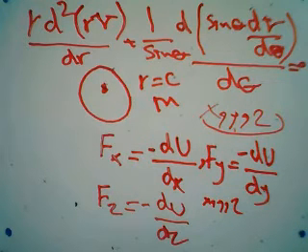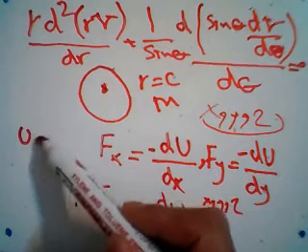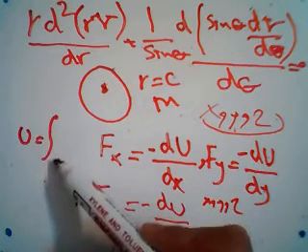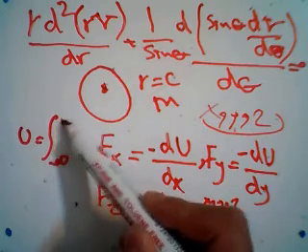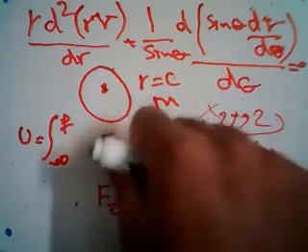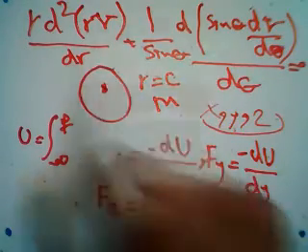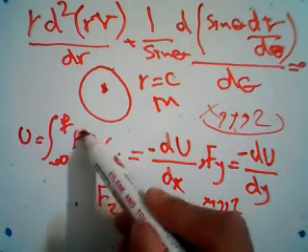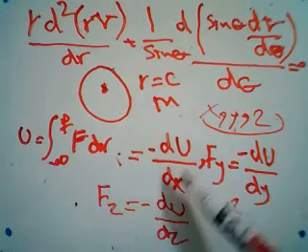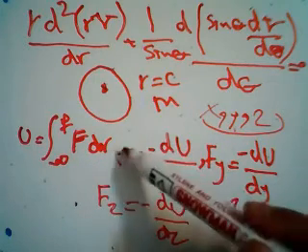One thing here is that before, I told you that the potential energy is something like this: the integral from minus infinity to the final point of the force dr. Now if the potential energy is this, what is this?